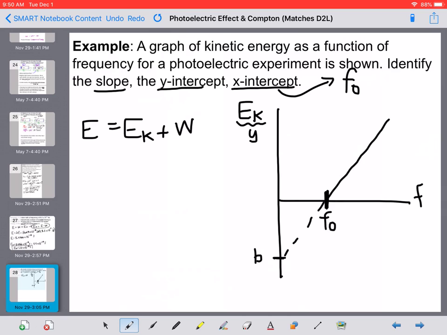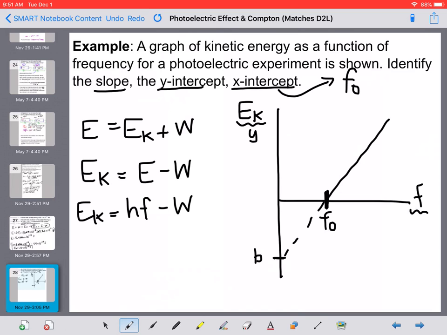So I'm going to take my formula that I just wrote down and isolate it for EK. Now, in the graph, we have frequency. So I need to make frequency show up in this formula. So I'm going to rewrite it like this: EK equals HF minus W.